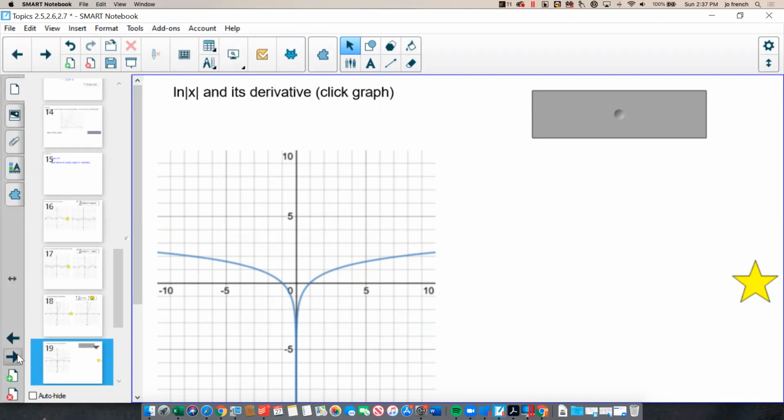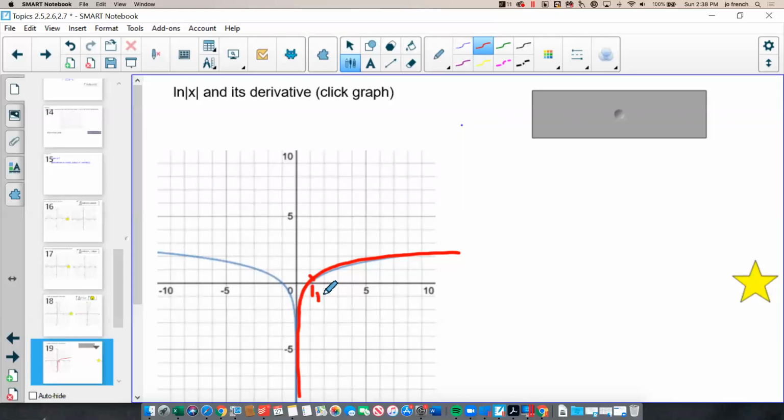The natural log of x would be just the right-hand side of this original graph, getting very close to the y-axis and moving outward, going through the point 1, 0, and then passing through the point e, 1 for the graph of the natural log of x.